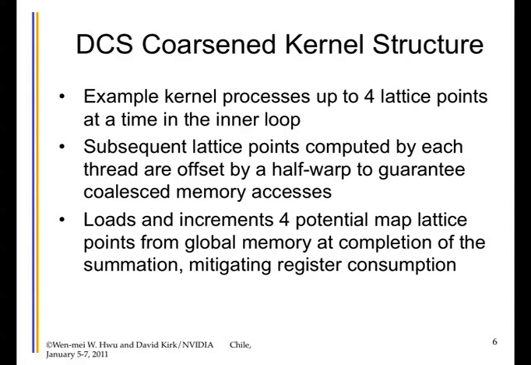In fact, it's closer to a term called unroll and jam, if you are familiar with some of the high-level compiler transformations. What we can do is, if these 4 lattice points to be processed at the same time are all from the same x row, then we can calculate the y and z components of the distance once and use them 4 times, or multiple times, for the lattice points.